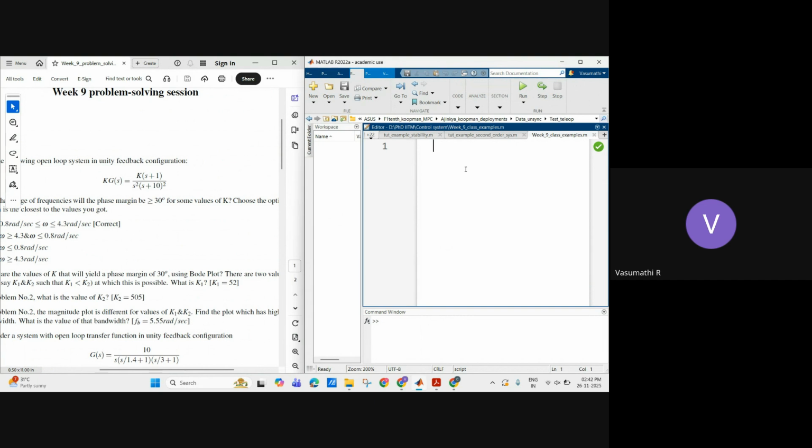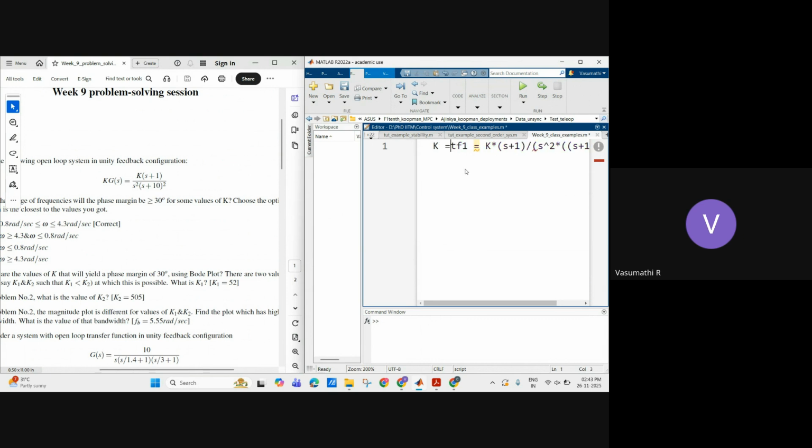First, transfer function TF1 will be equal to k into (s plus 1) divided by s square into (s plus 10) the whole square. We put one bracket for this whole. That's it. Now k is unknown, s is also unknown for MATLAB.